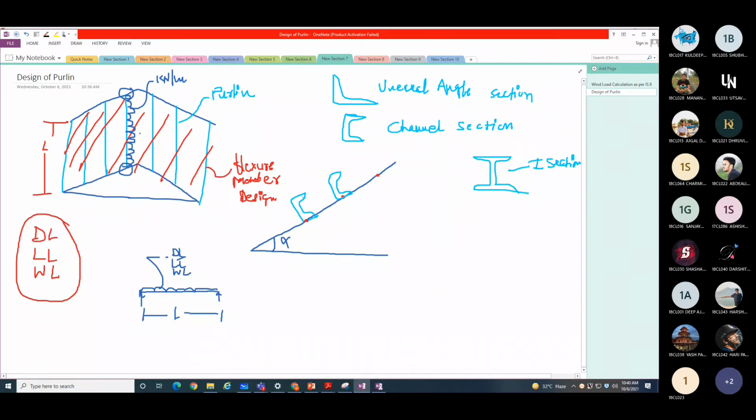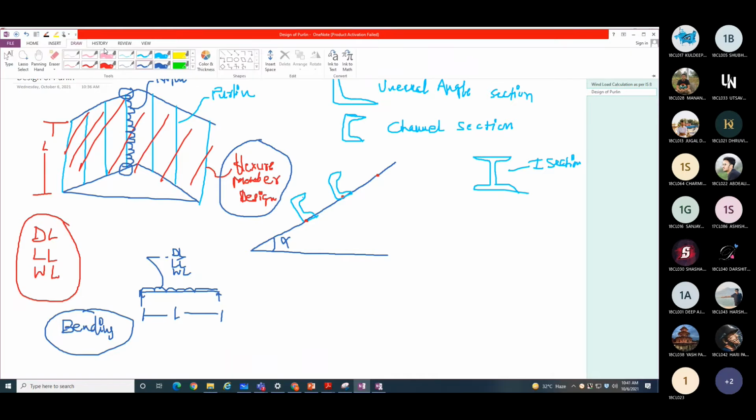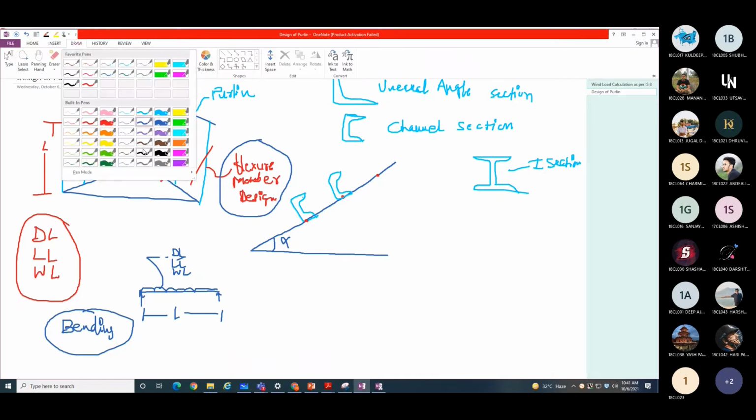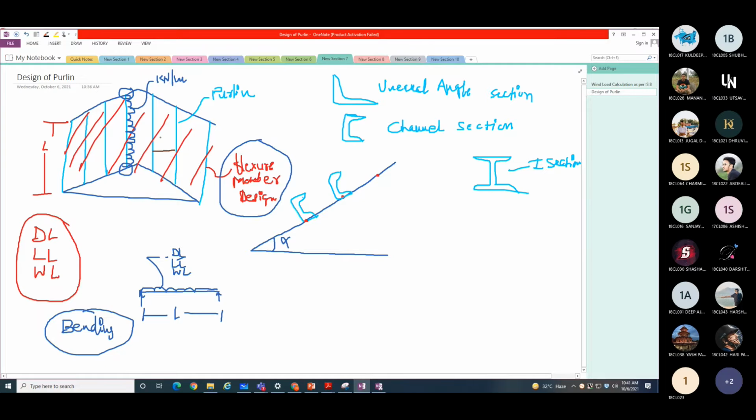You are required to do the design as per bending, because this purlin will bend, as it is a flexure member, right? So we require the purlin design as a flexure member. And somewhere, to support the purlin in the lateral direction, sag rods are also provided like this. I think I have shown this sag rod in one of the videos, if you remember.